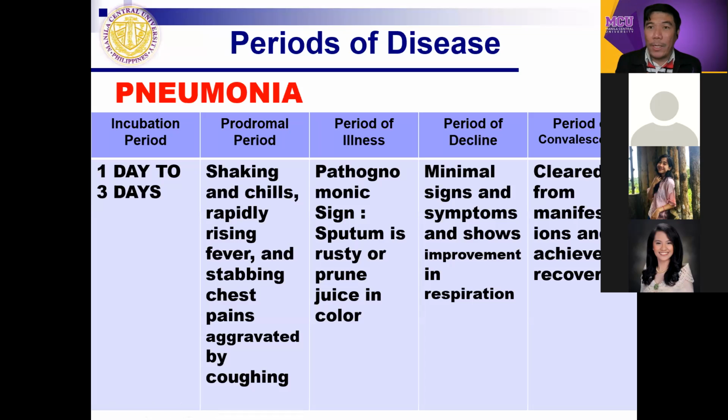Period of illness is wherein severe manifestations are already identified. The period of decline is wherein we have identified a decrease and improvement of health condition, a decrease of the signs and symptoms identified. And the period of convalescence is when the person is free from the pathogens as evidenced by diagnostic examination, clearance, and completion of treatment regimen. Are there any questions?